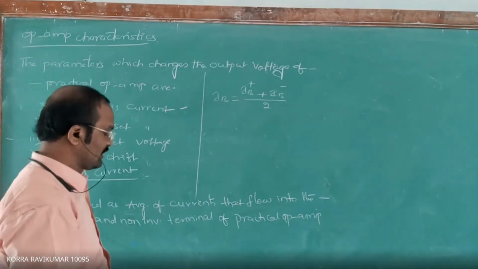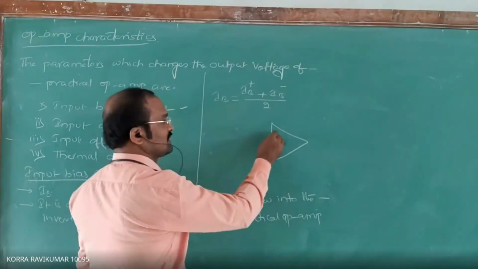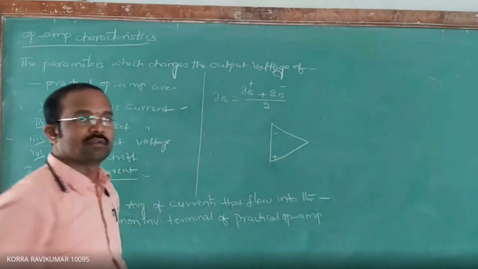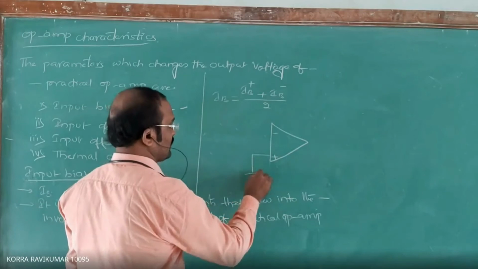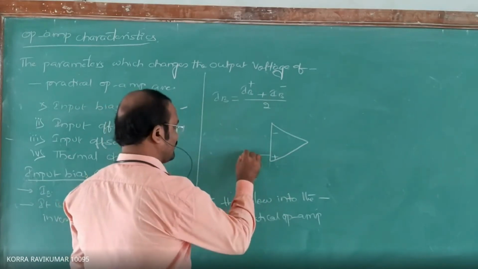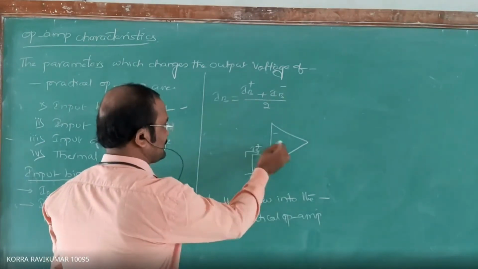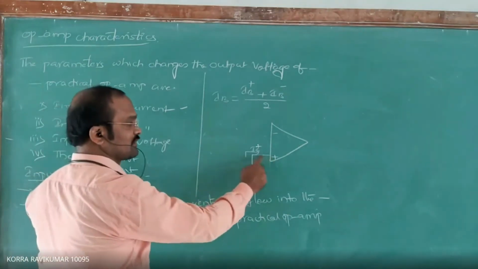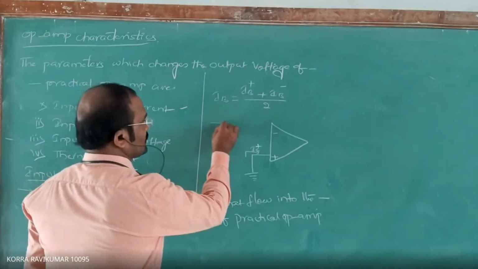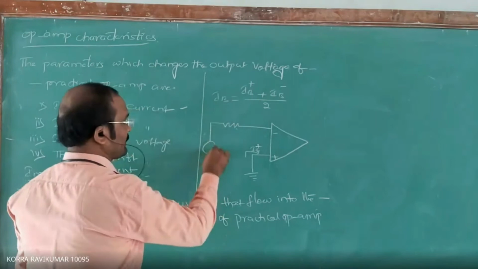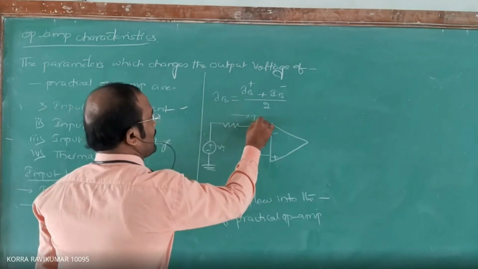If you draw the circuit diagram, then you will come to know which one is the inverting current and which one is the non-inverting current. Minus represents the inverting terminal and plus represents the non-inverting terminal. See here, this is grounded and the current flowing through this non-inverting terminal is IB plus, and the current which flows through the inverting terminal is IB minus.